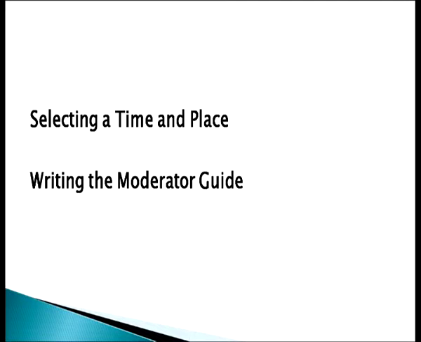Selecting a time and place is very important, and writing the moderator guide is also very important when we talk about FGD. Moderating the FGD revolves mainly around the skill of questioning, because a typical FGD may last for 45 minutes, and the way we ask questions is very important.